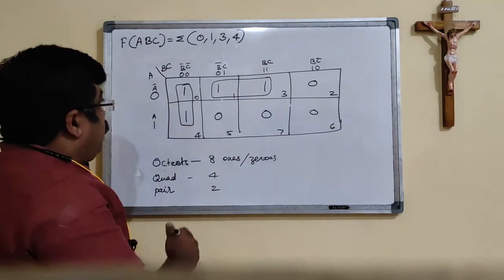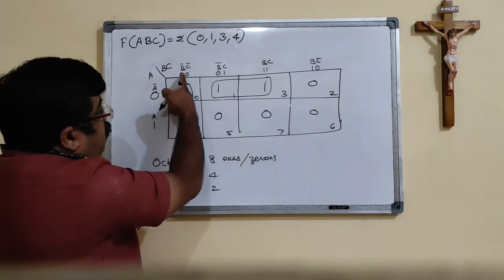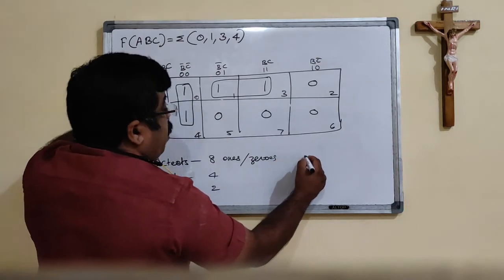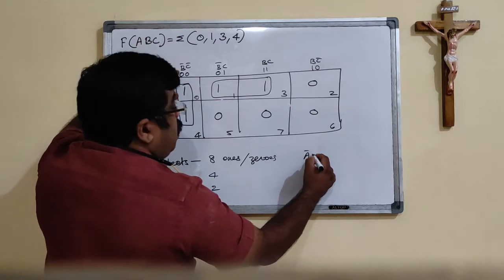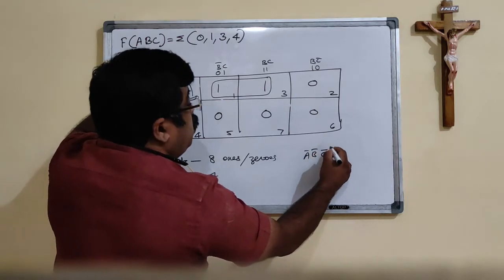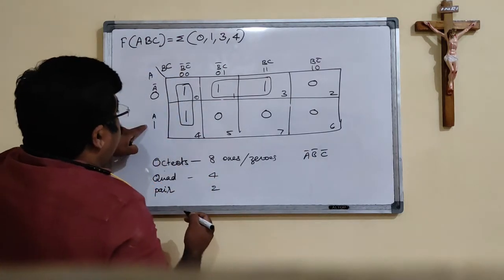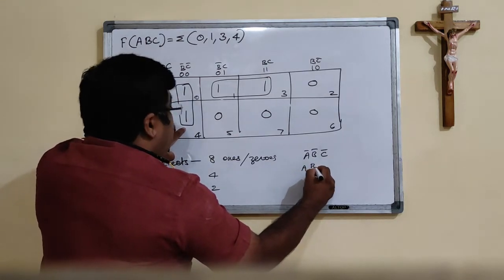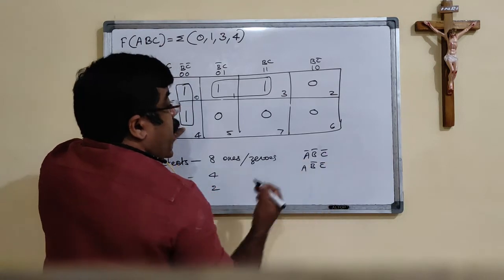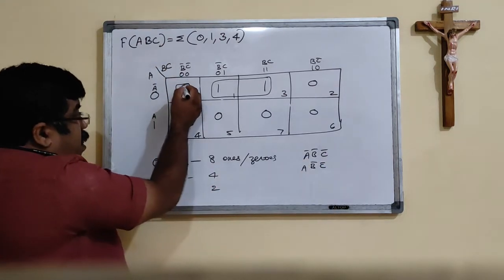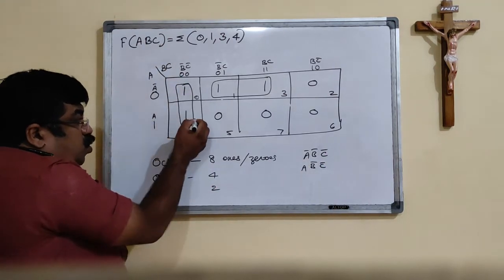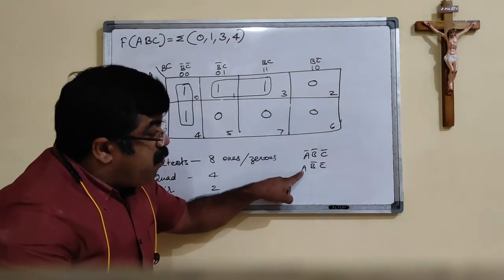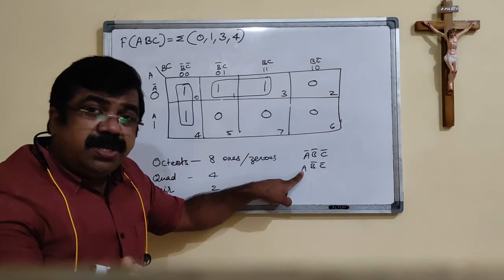Okay, now when we write the coordinates of this particular minterm 0, I am writing A bar B bar C bar, and this second one is representing A B bar C bar. See, when we moved between these two squares, only one variable is getting changed.